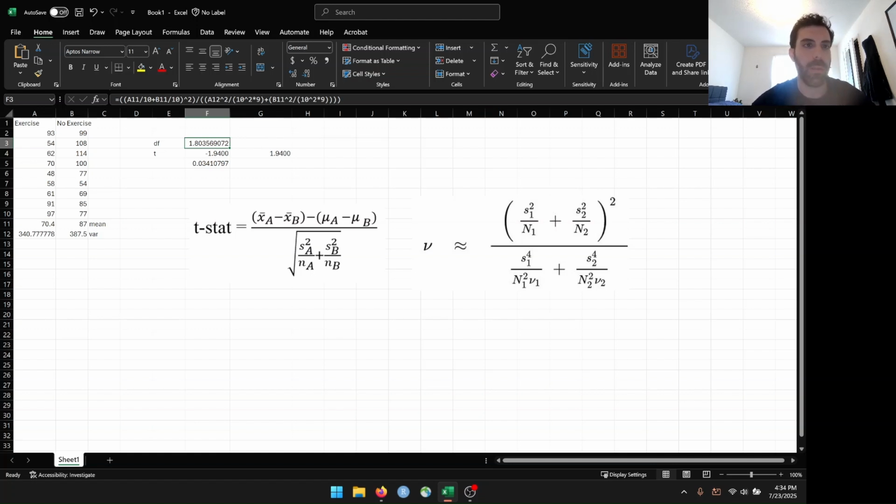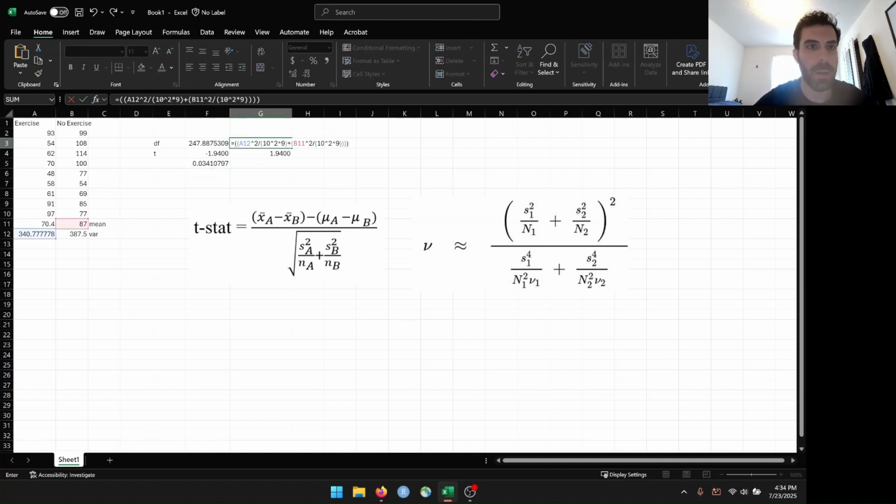Let's try breaking this up into pieces and see where we made a mistake. Okay, so for the numerator, I do variance divided by 10 plus variance divided by 10 and square that quantity. So that's my numerator for degrees of freedom. And then for my denominator, I'm taking variance squared divided by sample size squared times degrees of freedom.